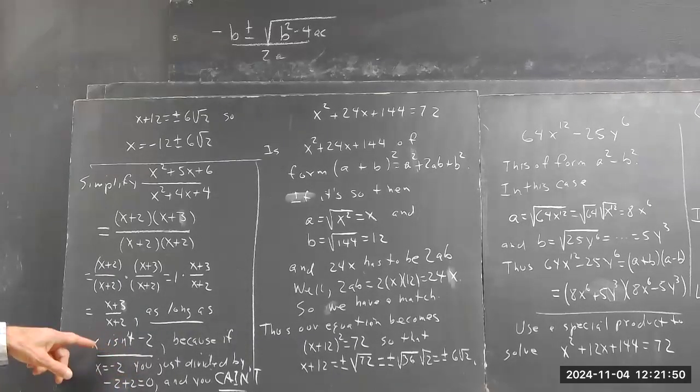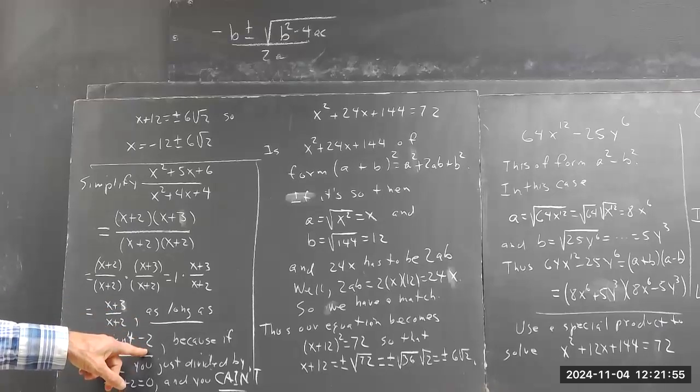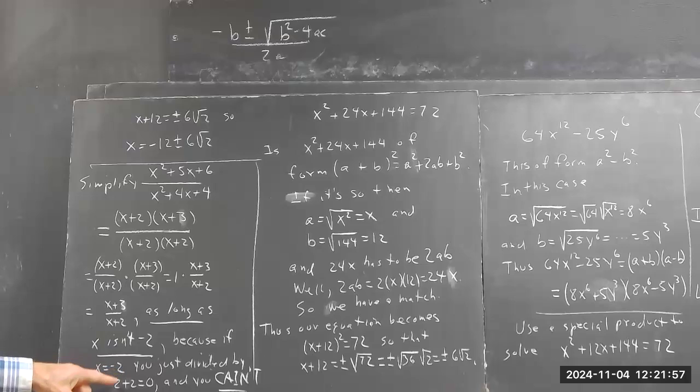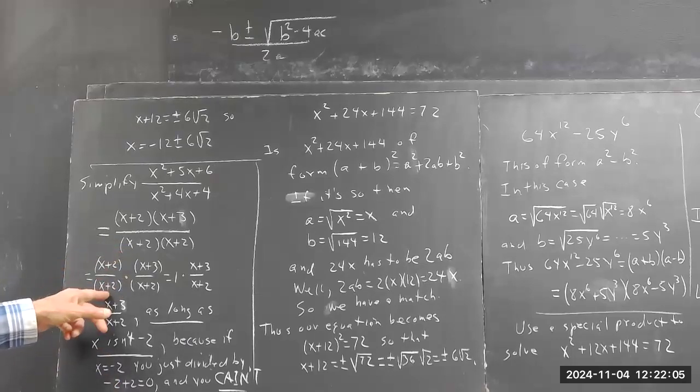What I'm saying, this is okay as long as x isn't -2, because if x is -2, when you did this division, you just divided by 0. -2 plus 2 is 0.